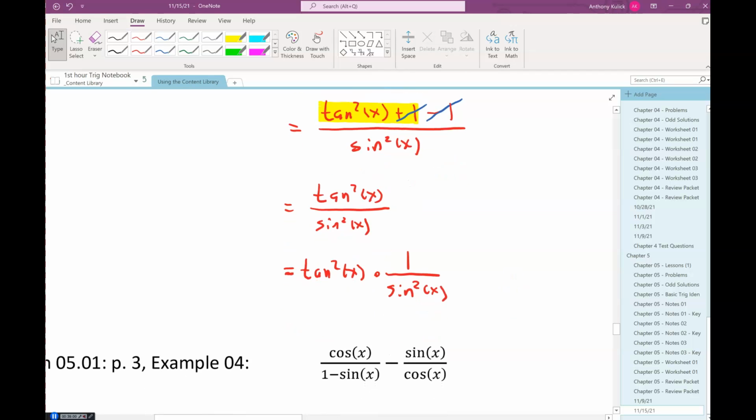Now, why would I want to do that? It's because I'm about ready to rewrite tangent as a fraction, and I don't really want a fraction on top of another fraction. That's weird to me. So I'm going to separate these two so that I just have one fraction times another fraction. It's really clear what to do. Is that okay?